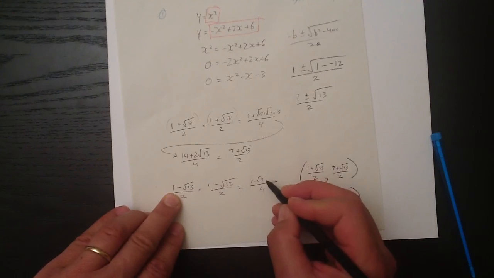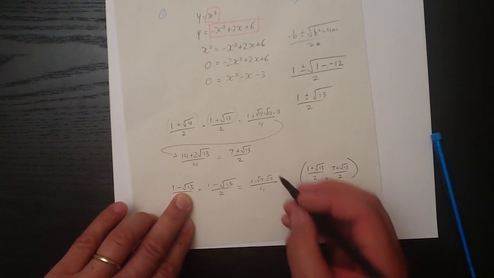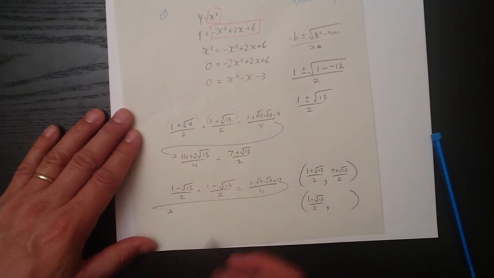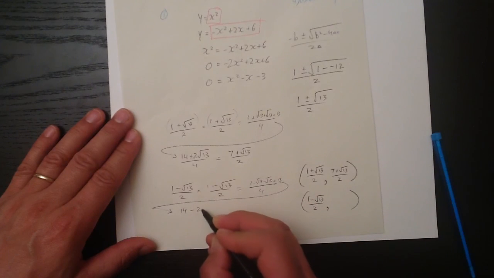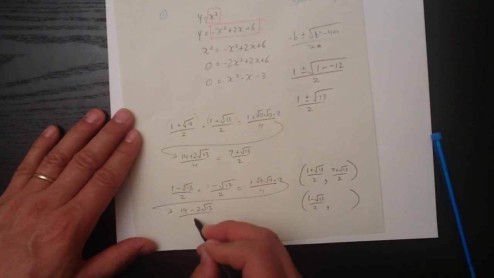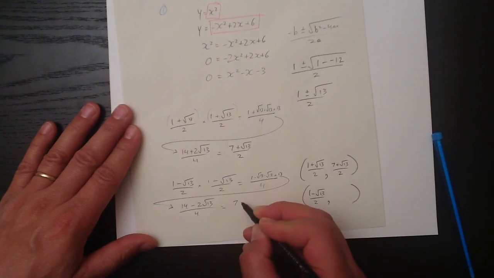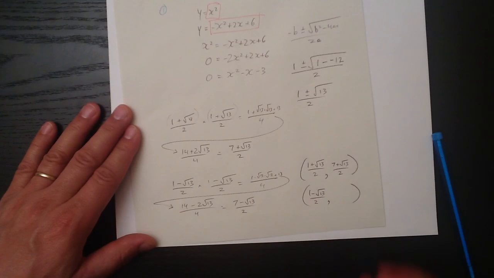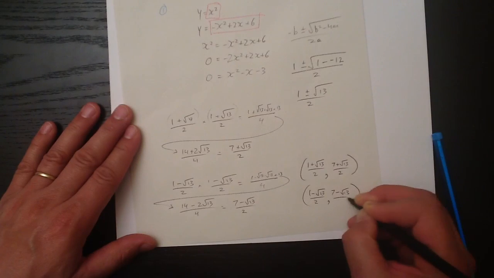Negative root 13 times 1, negative root 13. Negative root 13 times negative root 13 is 13. So let's simplify that again. 1 plus 13 is 14 minus 2 root 13 over 4, which also equals 7 minus root 13 over 2.